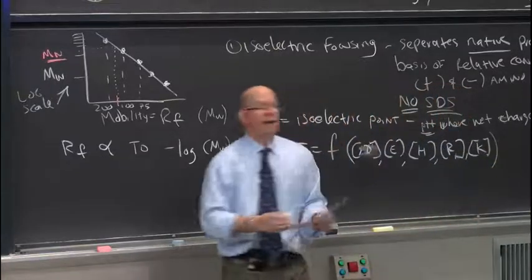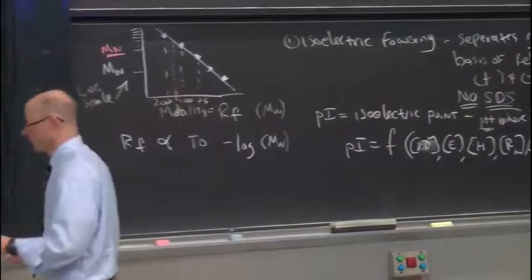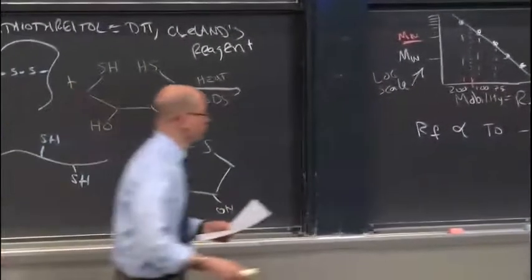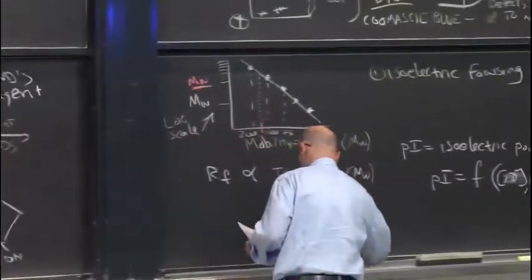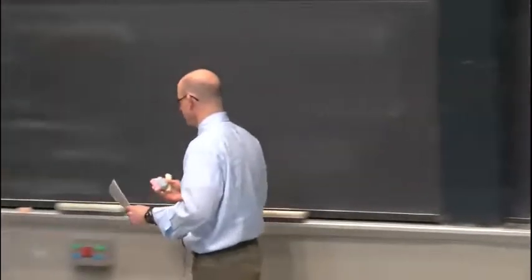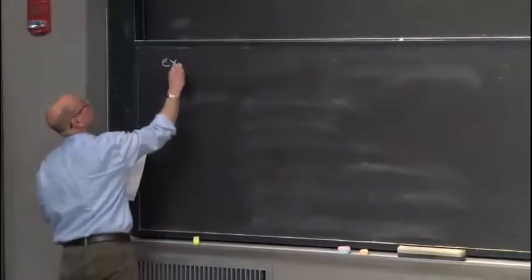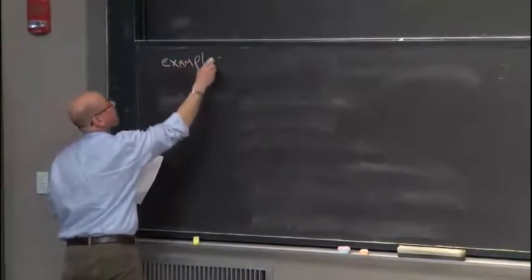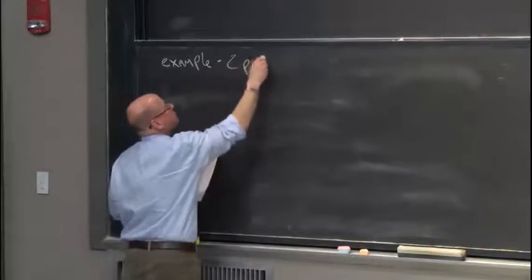Let me give you a concrete example to help this make sense. Let's take two proteins for our example that have different isoelectric points. Example. Two proteins.